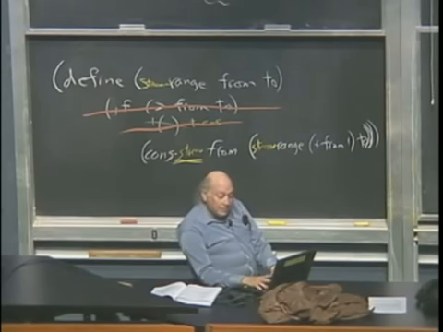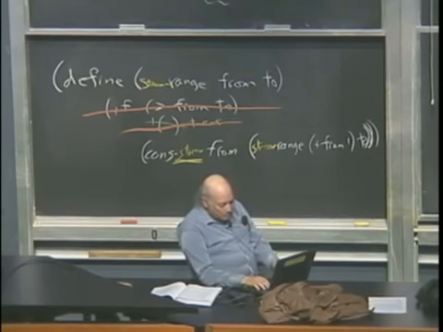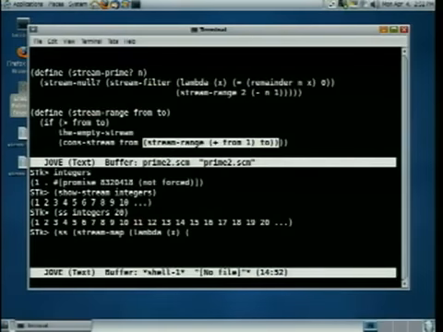So that's the integers. We have all the integers in our computer. I can say showStream stream map lambda x times x 2 integers.